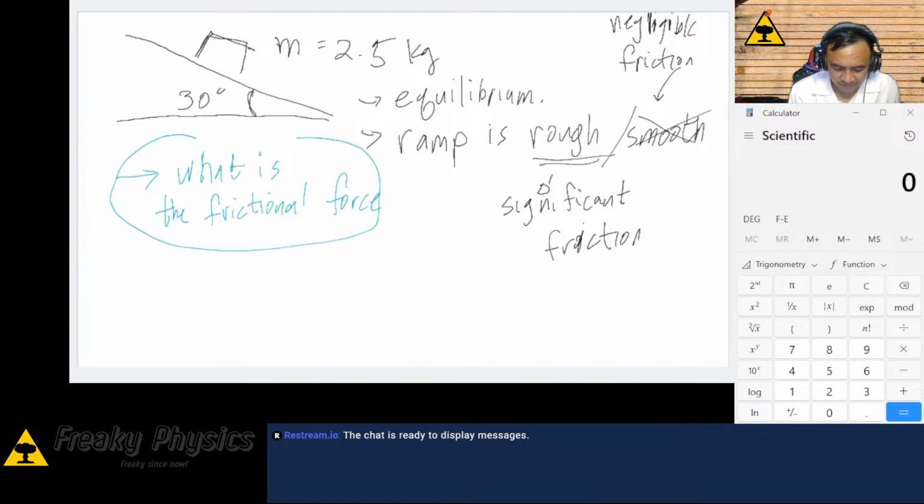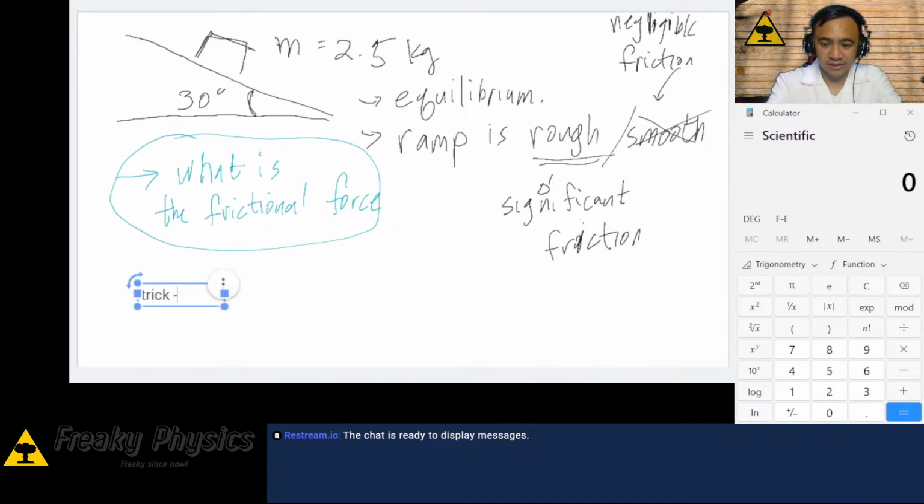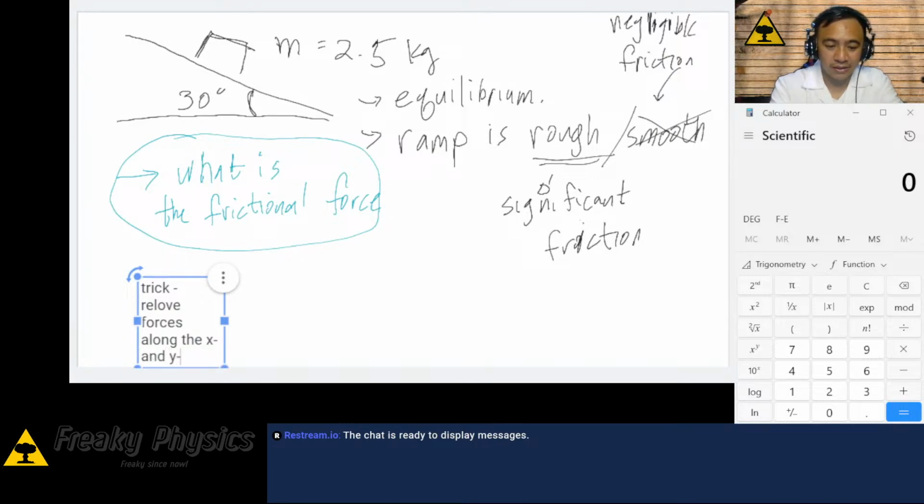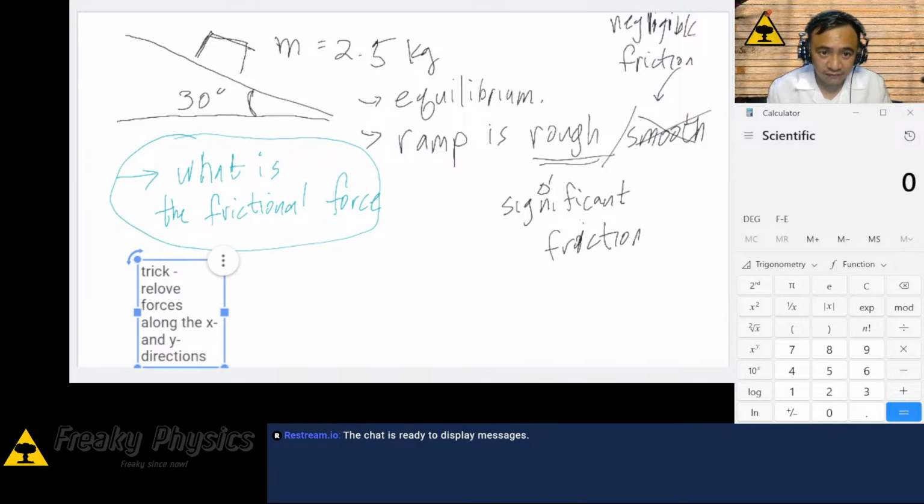So what's the frictional force? The trick here, before we continue, is always the same as before: resolve forces along the x and y directions.